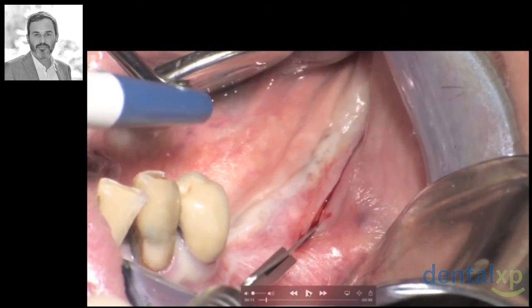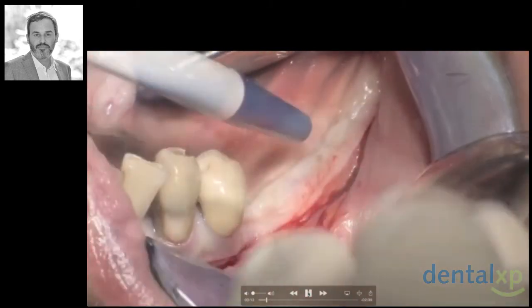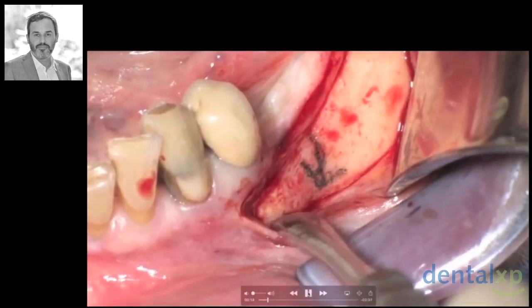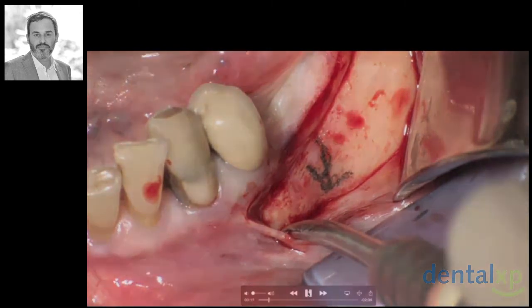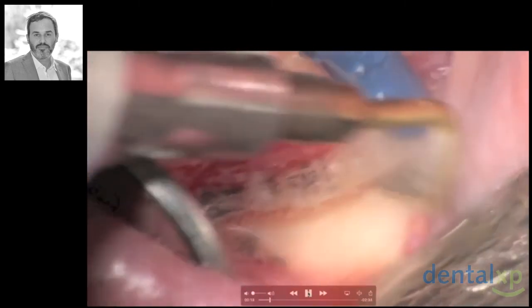And this is a vestibular incision, and the height of the incision will depend on the position of the mental nerve. In fact, after making the incision, we expose the area to operate and isolate the mental nerve if necessary.